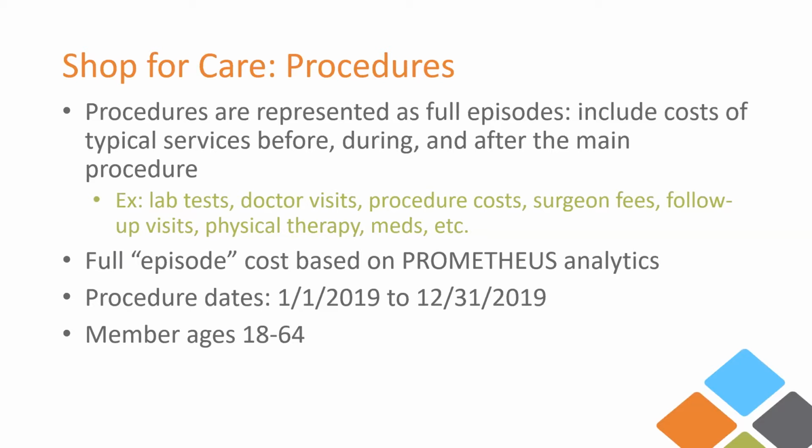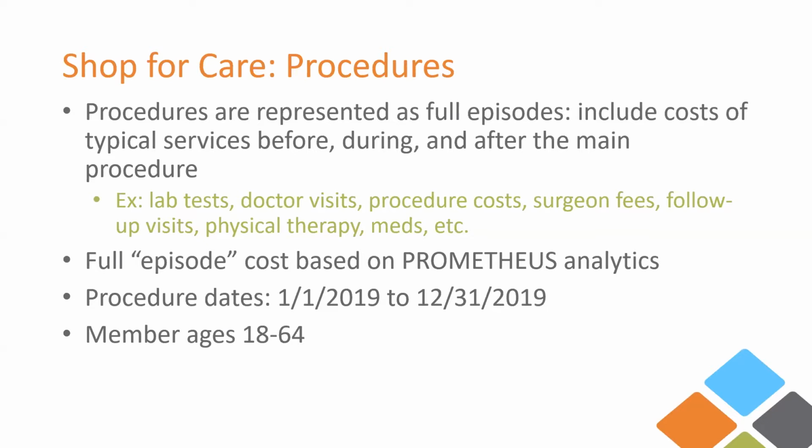I'm going to give you a typical example of something that would be named a procedure: for example, a colonoscopy. You know that colonoscopies are the gold standard screening for colon cancer once you hit 50. They are revising the guidelines, so it might be even younger now, but that's the gold standard screening.